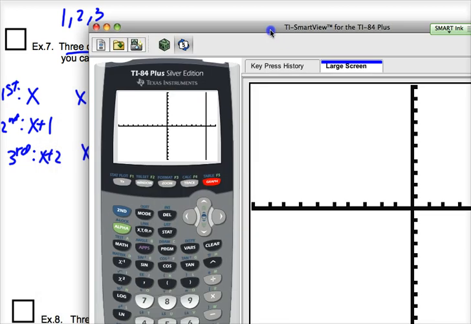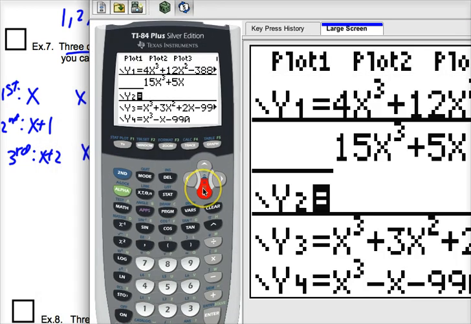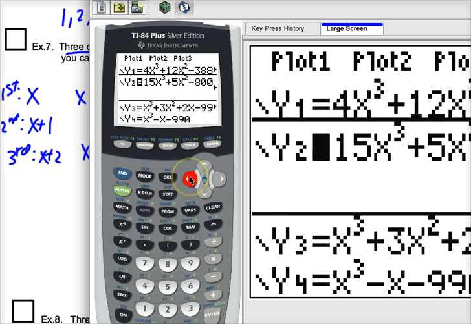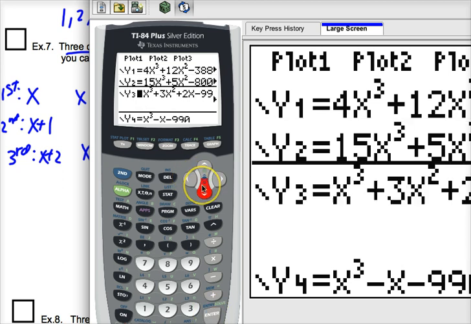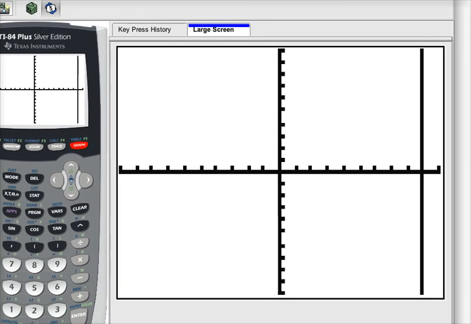Y equals, get this second one turned off, we're done with y2, and y3 is what I'm looking for. So let's hit graph, and it came out way over there.